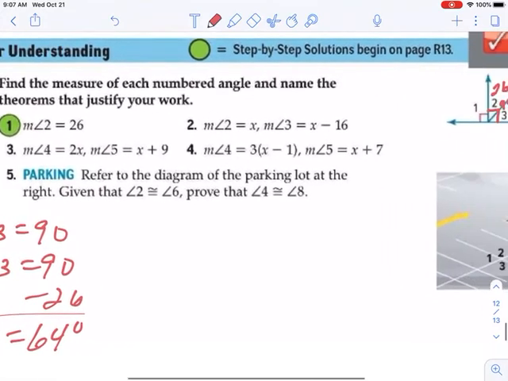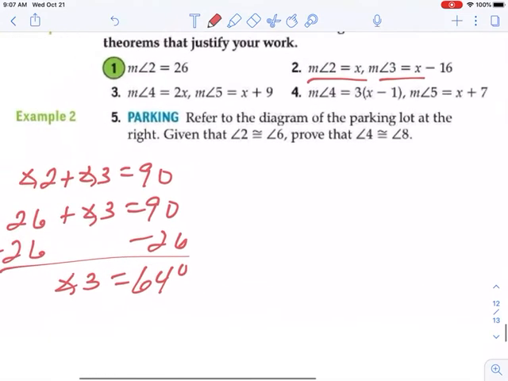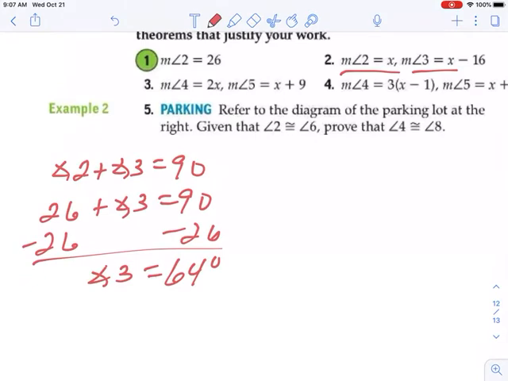All right. Next picture, angle 2 and angle 3 again. Angle 2 plus angle 3 equals 90 degrees. So that's number 1. Number 2, angle 2 plus angle 3 equals 90. I don't care what they are, we'll just throw them in here. Angle 2 is x.